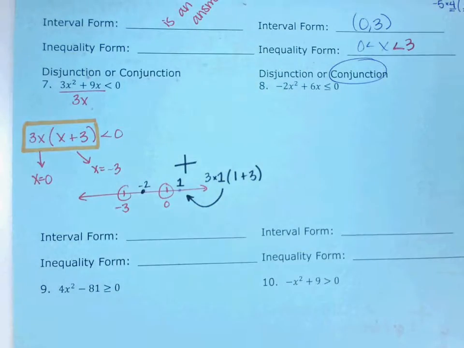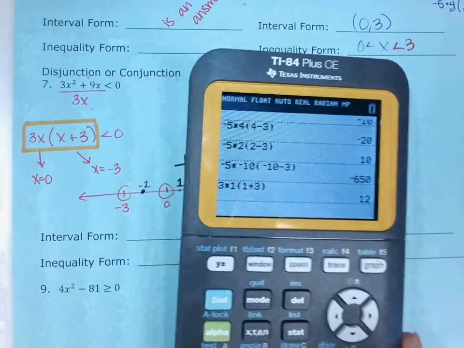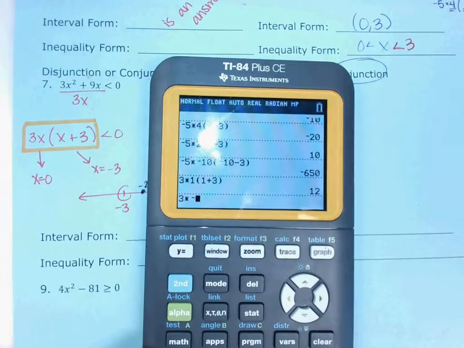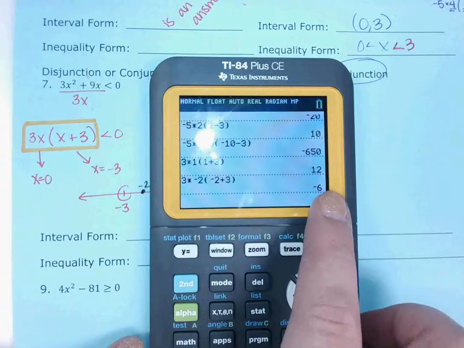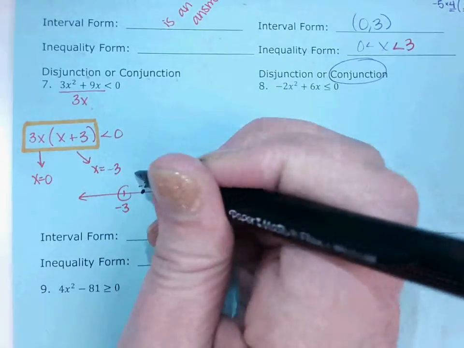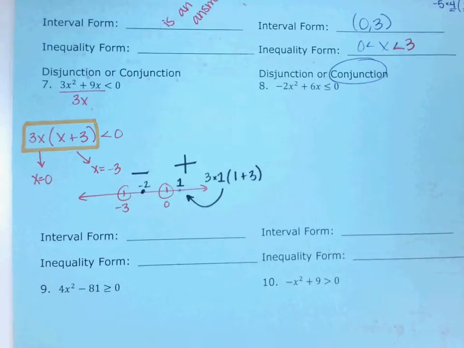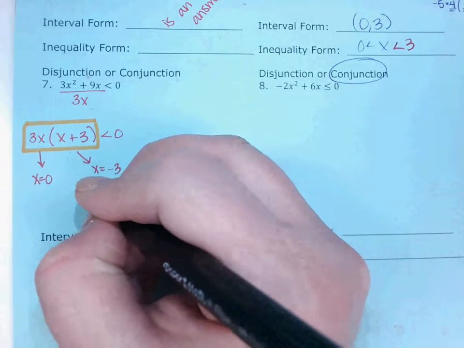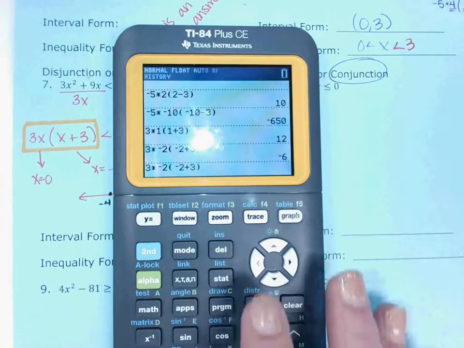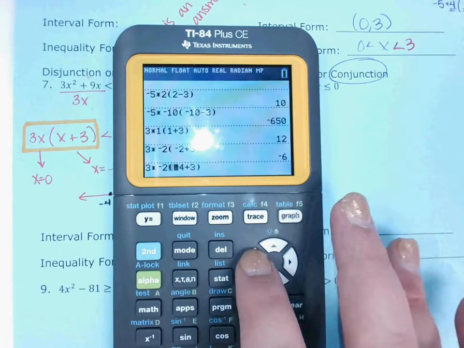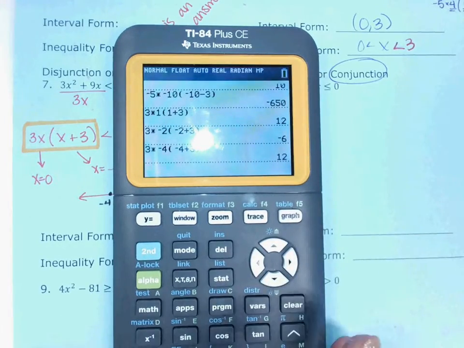Then I'm going to change my thing here. 3 times negative 2, and then negative 2 plus 3. So the only thing you're changing are your x's. Then I see I got a negative 6 in the middle, which means it's negative. Smaller than negative 3, what could we pick? Negative 4, sounds good. Then I'm going to be lazy and copy, change my 2's to 4's. And I got a positive.